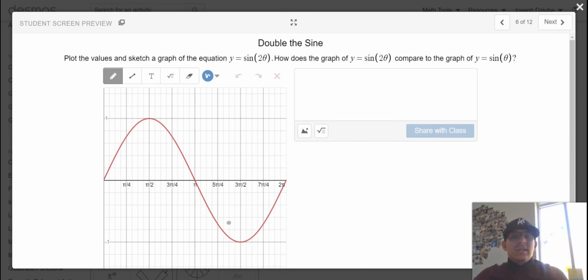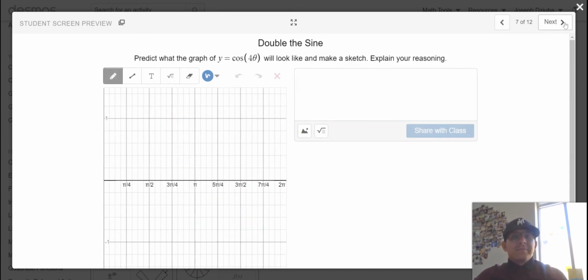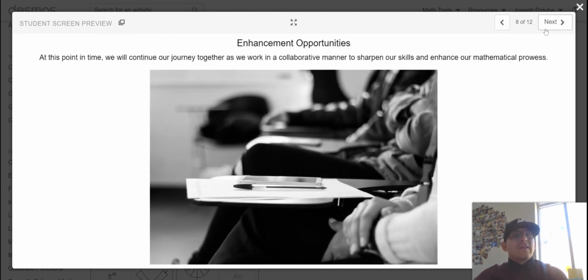The graph that you see here, you should recognize as the graph of sine. So you'll be able to sketch your graph and compare it to the graph of sine theta. Make a prediction as to what the graph of cosine of 4 theta will look like and make a sketch. If you want, you could even include a graph of cosine as well. And that's where we're going to pause.